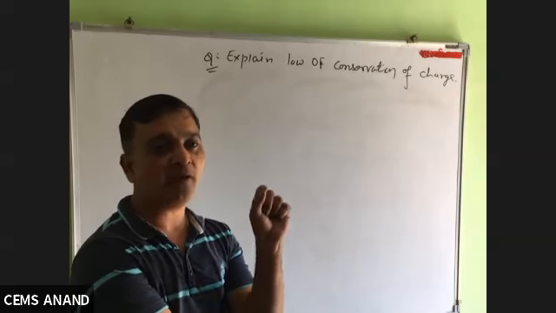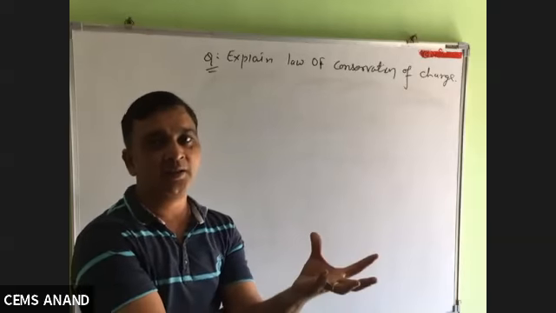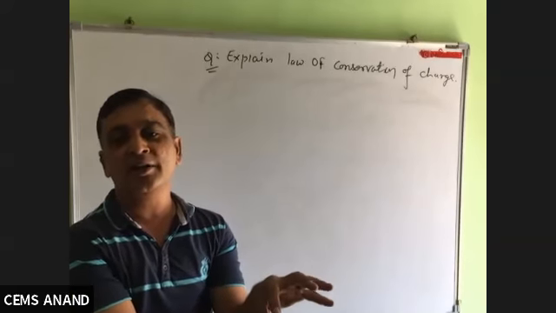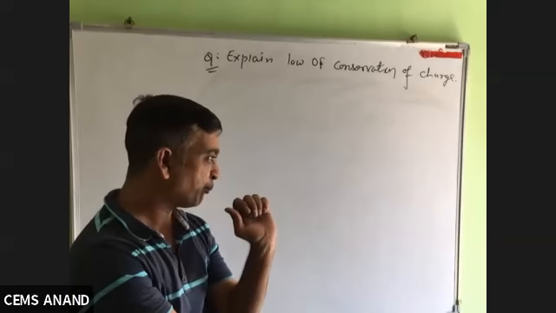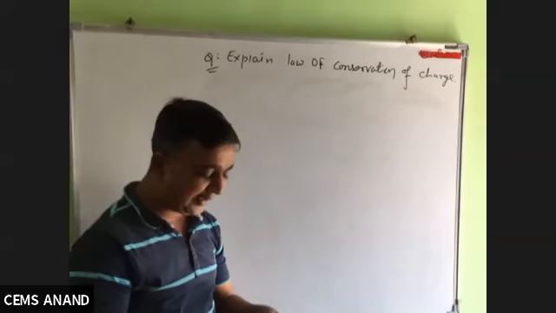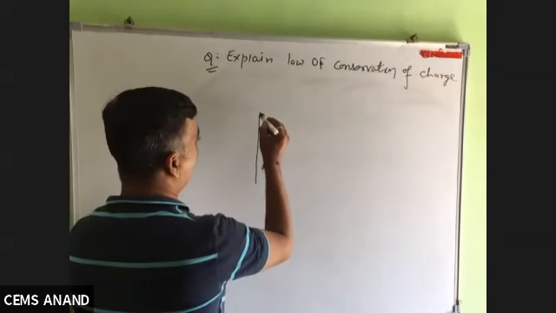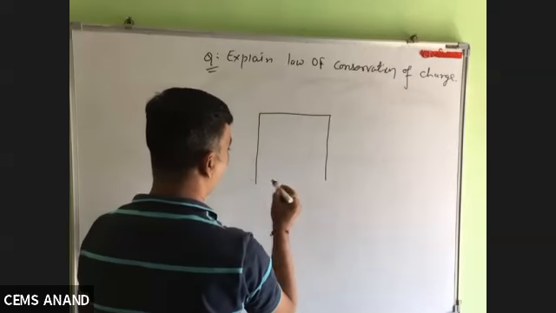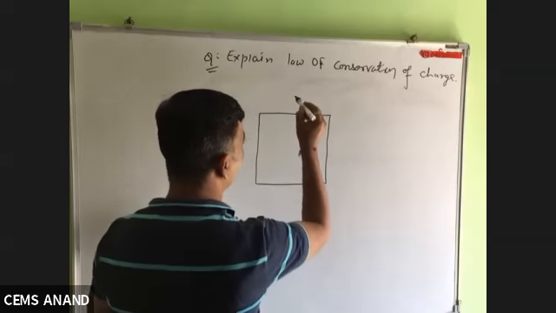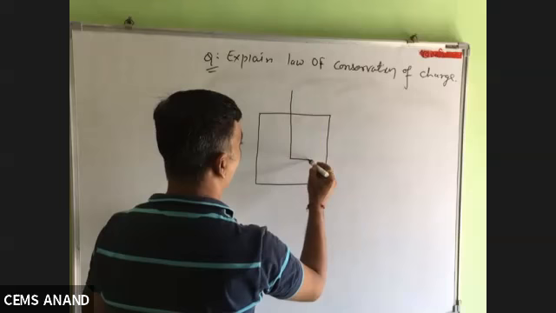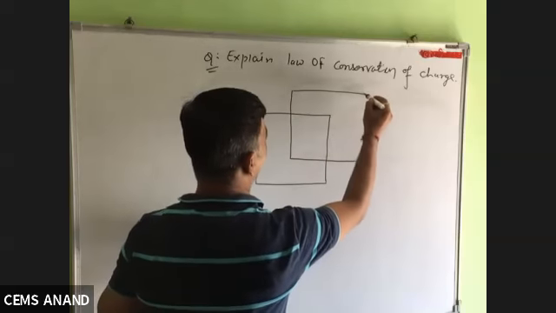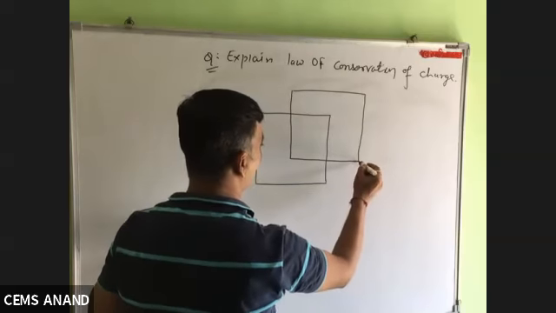Amount of positive and amount of negative charges generated or destroyed are in couple. So let's say I have a box which is electrically isolated. What does it mean?